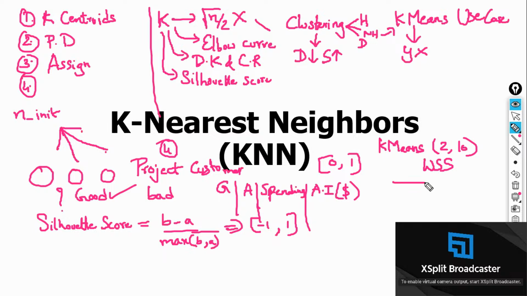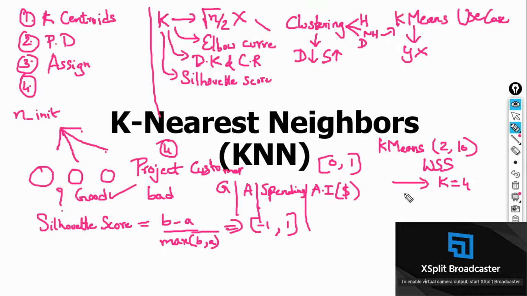Then we went forward by taking k as 4. As an experiment, we went with 4 clusters, even though you can try it with 3 or 5. Wherever you get the good score, wherever the better clusters are formed, that will be the best k value, right? And we interpreted the results.